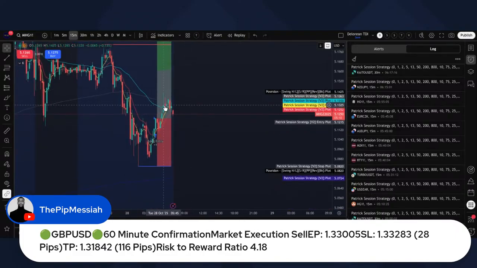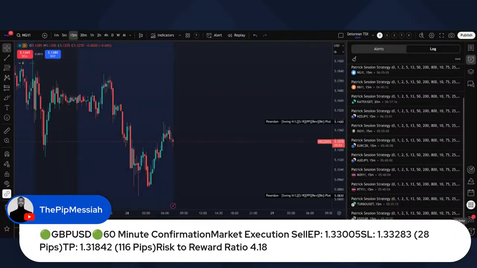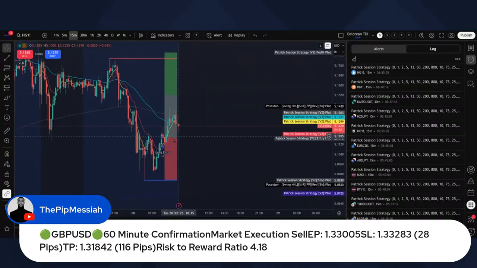We have gray, aqua, blue. It's consolidation on top of price action. We won't be entering that. Kaito already hit take profit. HG has the same look. You've got gray, aqua, blue. That's consolidation. We're not entering that trade.